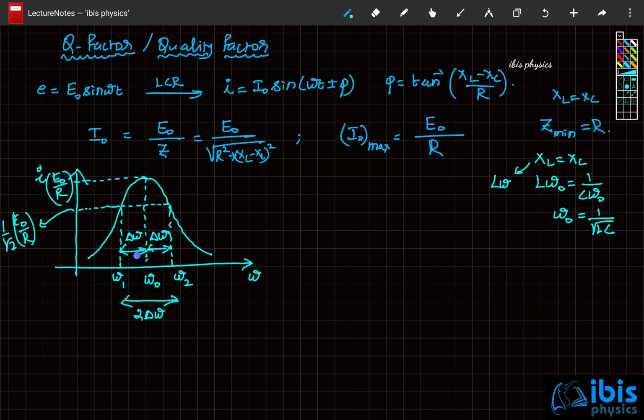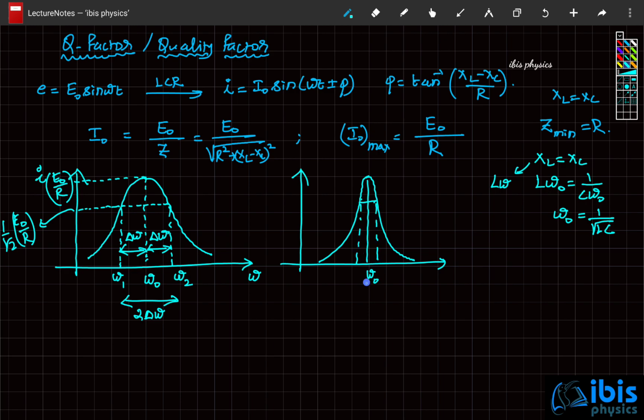The narrower the bandwidth, the higher the sharpness of resonance, or the quality factor of the circuit. What if the circuit is a high quality one? Then the response curve will be very narrow. This is exactly omega naught, and 70% of the current will come here.